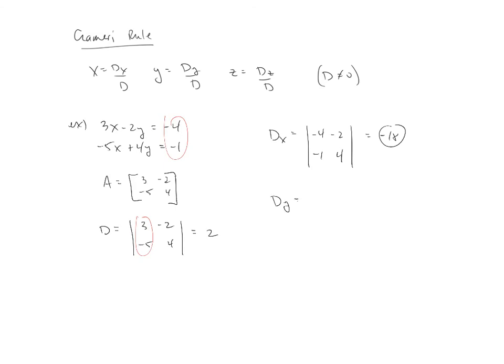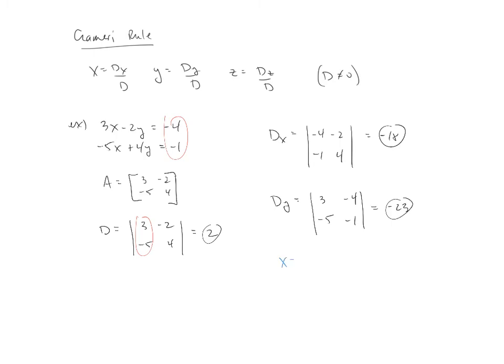For D sub y, we'll do the similar thing. We're going to replace the y coefficients now with the constants -4 and -1. So the x's will stay the same at 3, -5, but the y coefficients have been replaced with the constants -4, -1. And we end up with a -23 for D sub y. All right, so not quite finished yet.